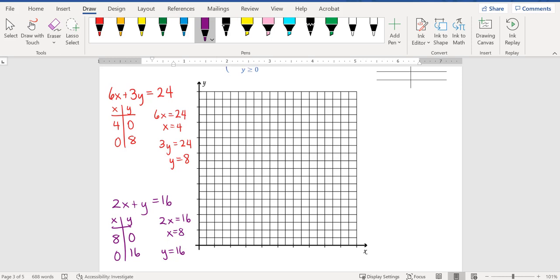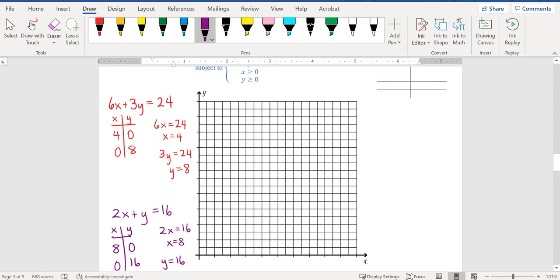Okay, for the first inequality, let's go graph the boundary line. I need to plot the point 4, 0.